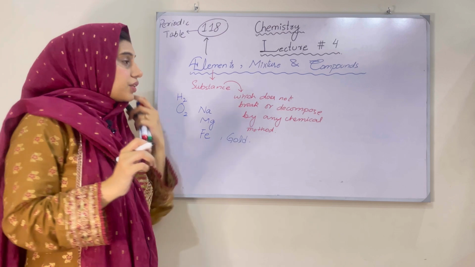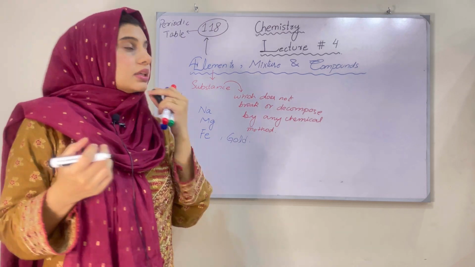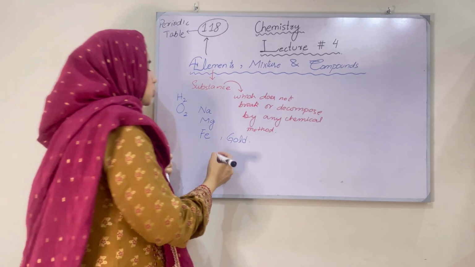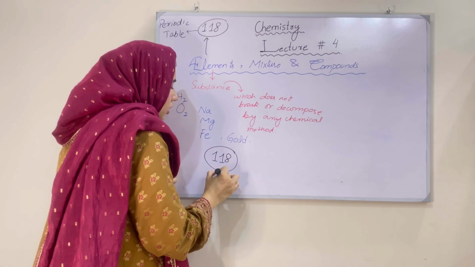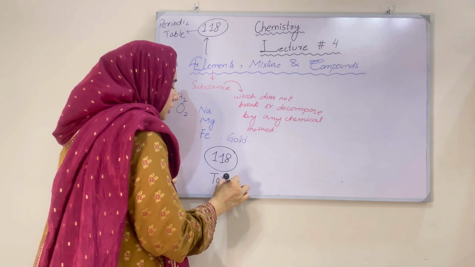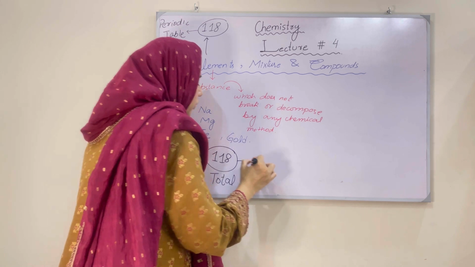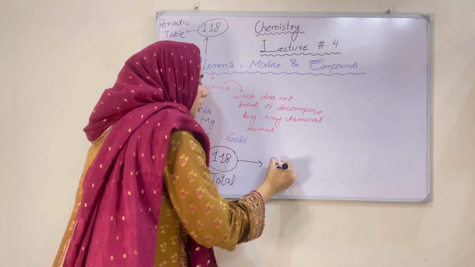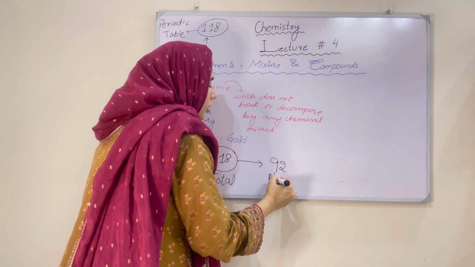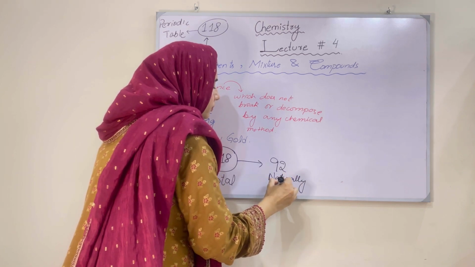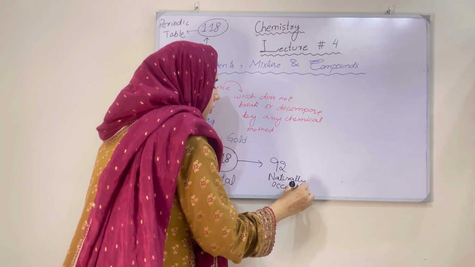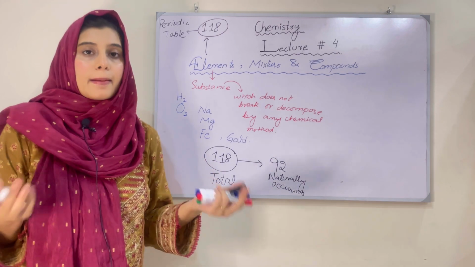Out of these 118, 92 are naturally occurring, and the rest of the elements are man-made.